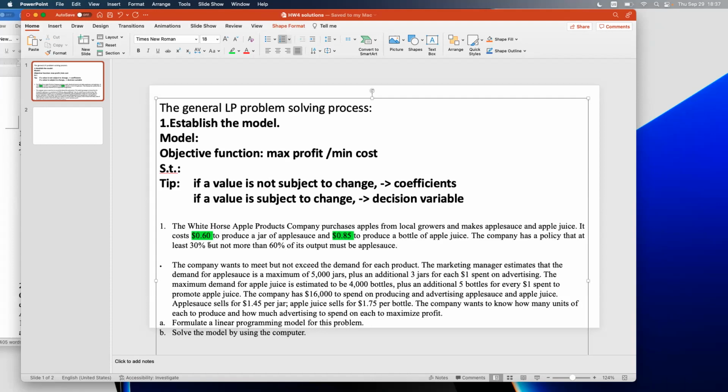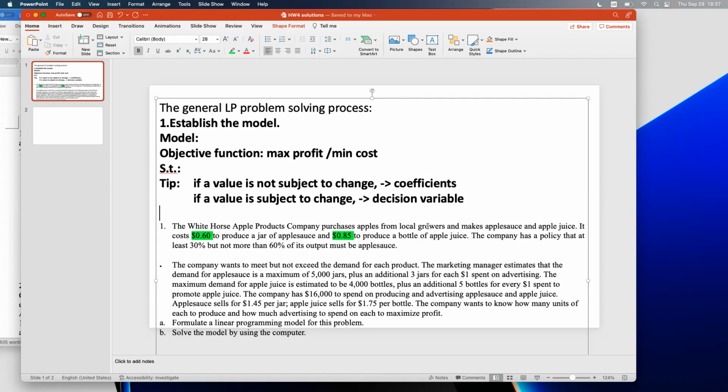In this case, it says at least 30, no more than 60. So that's one constraint, for the applesauce percentage over the total produced products.